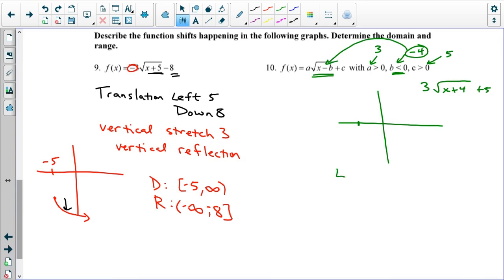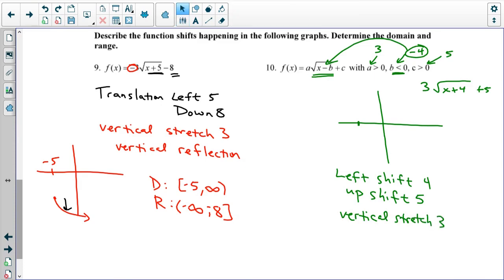So this has a left shift of 4, an up translation of 5, and a vertical stretch of 3. Now, since those are not actually the values in the problem, I have to replace them with the letters again.